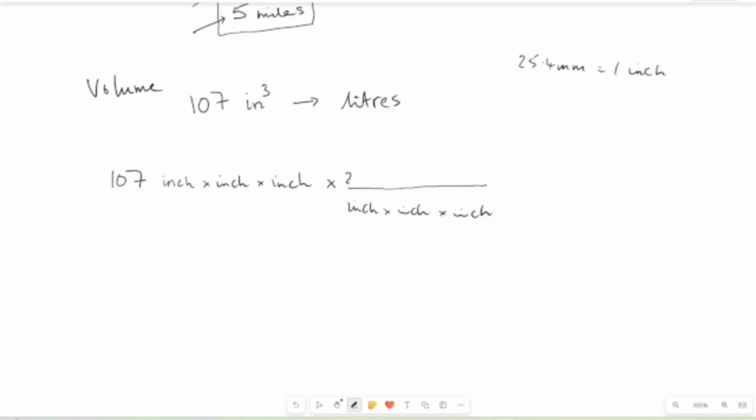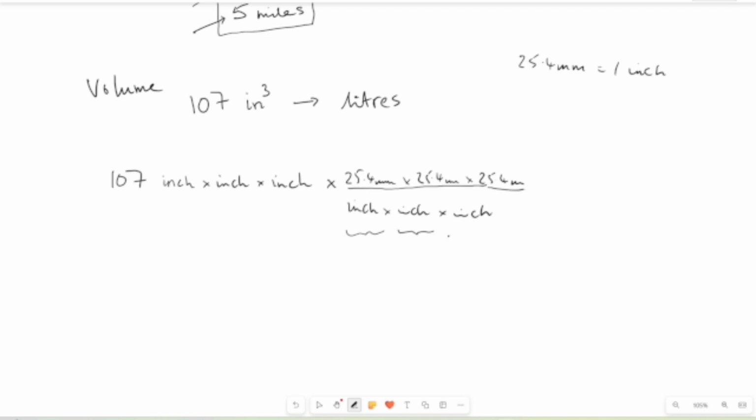So I've got 25.4 millimeters times 25.4 millimeters times 25.4 millimeters. Each one of these, so I've got that one, 25.4 millimeters over 1 inch. I haven't bothered writing the 1 inch in because it's just 1, we don't really need it.